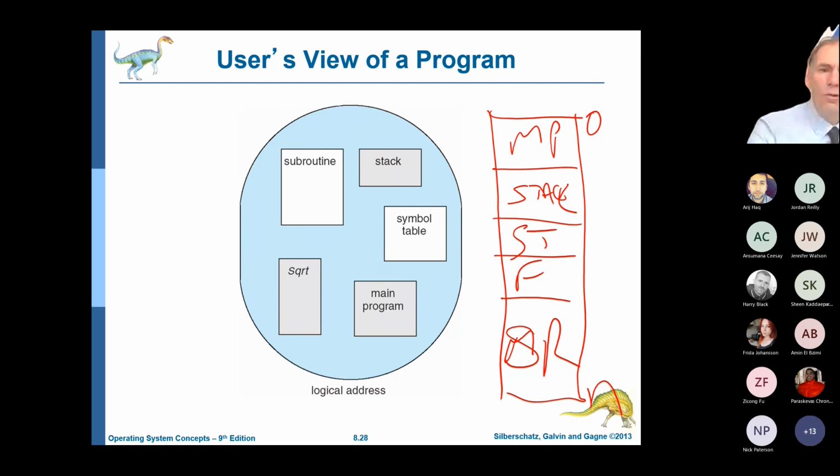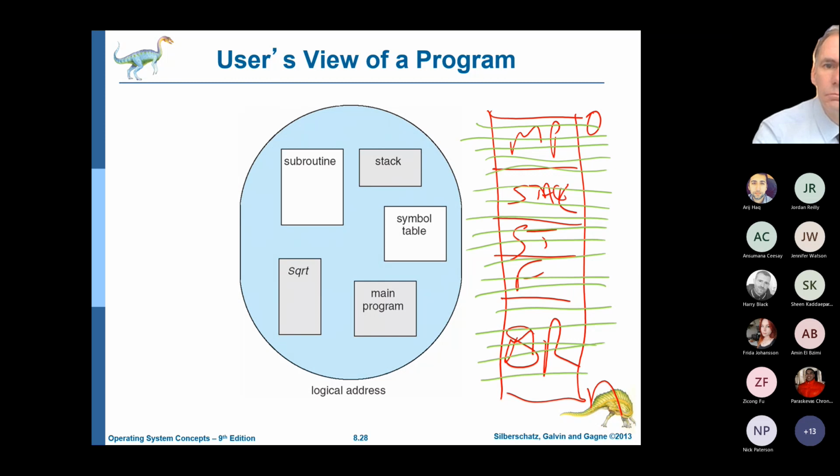And instead of splitting it up in functional chunks, why don't we just split it up and say, okay, let's just have 1K chunks. And we do that for every program.